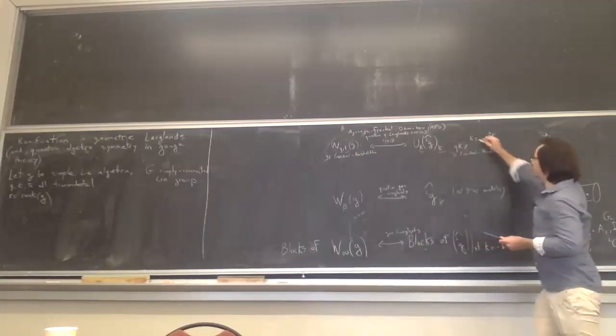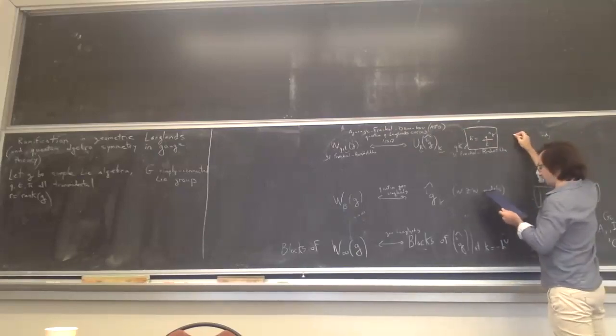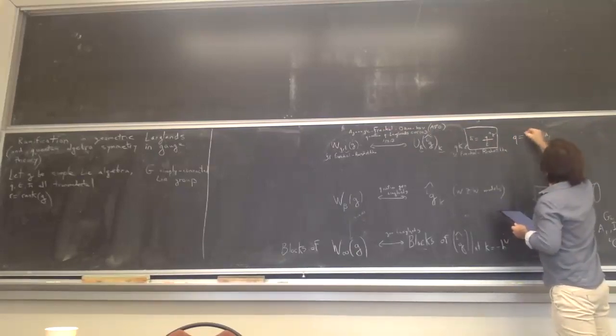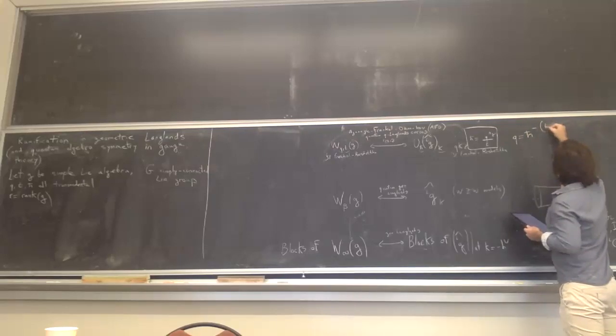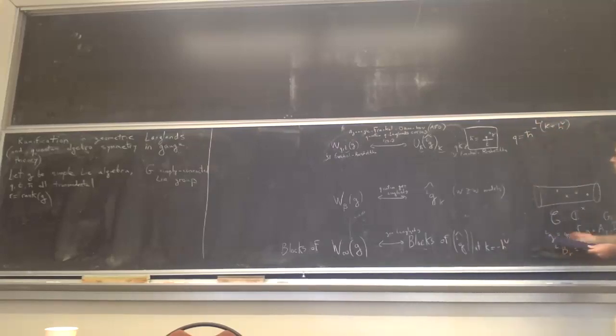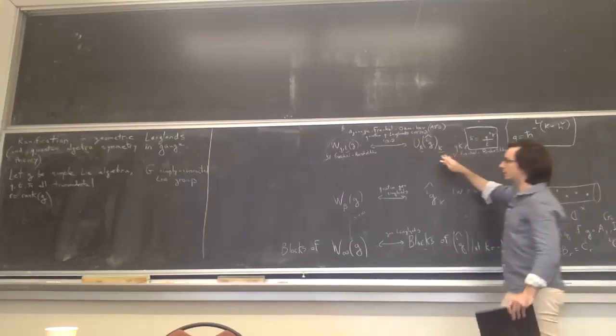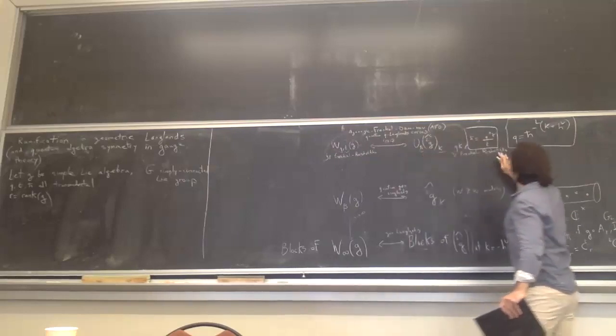okay, and so if there is such a dictionary here, there's also the fact that Q is h bar to minus the level shifted of the Langlands algebra. So with these two relations, you have a full dictionary relating the parameters on both sides.